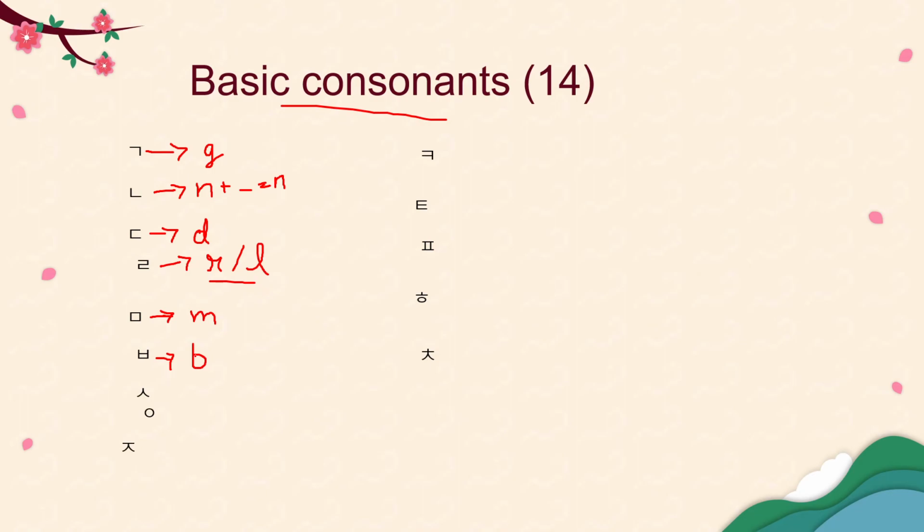The combined vowels and the double or tense consonants are not included now in the Hangul. But why am I teaching you, and why is everybody else teaching you? They know that in the modern era we have only 24, but you still need to learn all 40, because these combined vowels can be added.